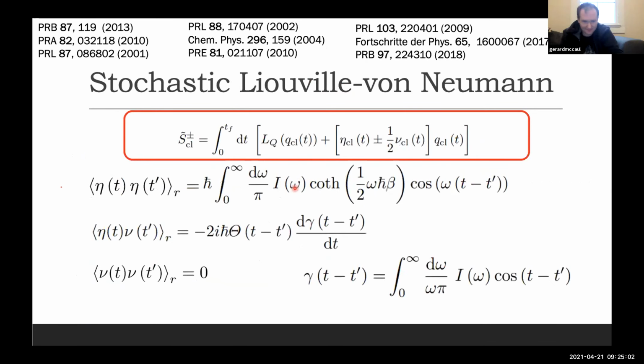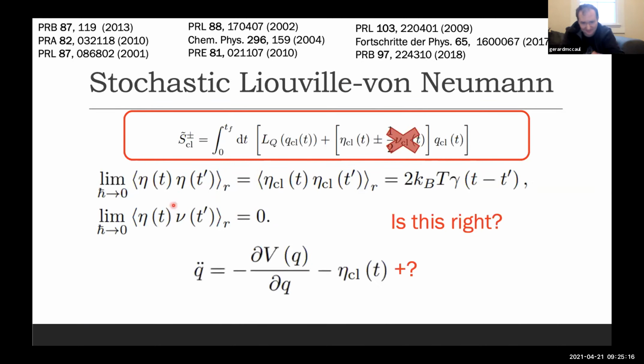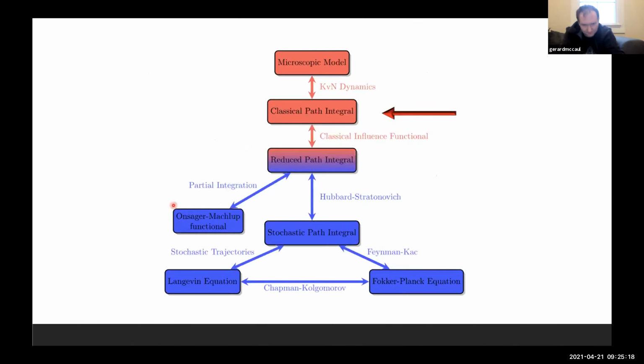Both of your correlations, which represent the effect of the environment, have h bar in them. While you can take a classical limit for one of these noises, the other one, the fact that h bar is in it, makes it seem to disappear.